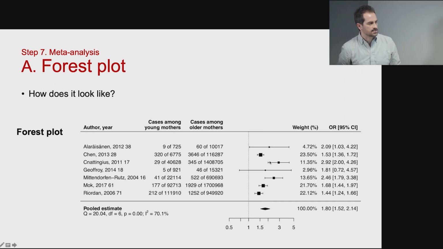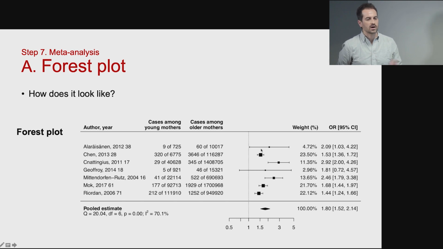Let's take these studies. In these studies, the confidence intervals overlap 1. This is the line for 1, right? So the study is not statistically significant. The association is not statistically significant in these studies, right? Although, if you look at the point estimate, this number, 1.8, is even bigger than in these studies.